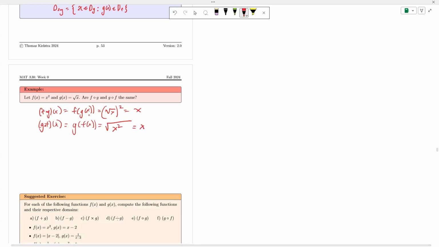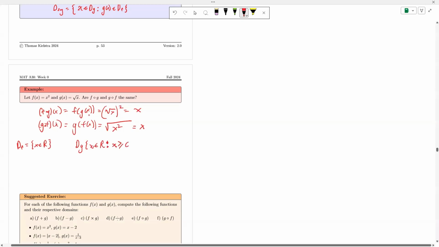Now these look like the same, but what are our domains? Our domain of f is the set of x in the real numbers. And our domain of g is x in the real numbers such that x is greater than or equal to 0 because of the square root function.